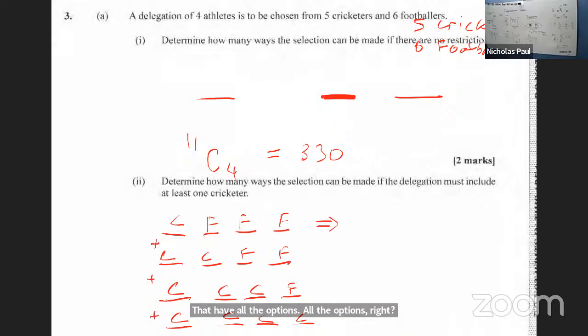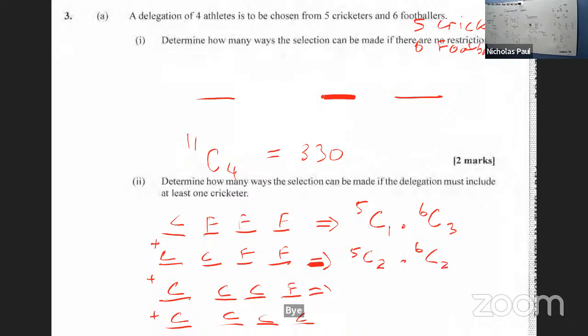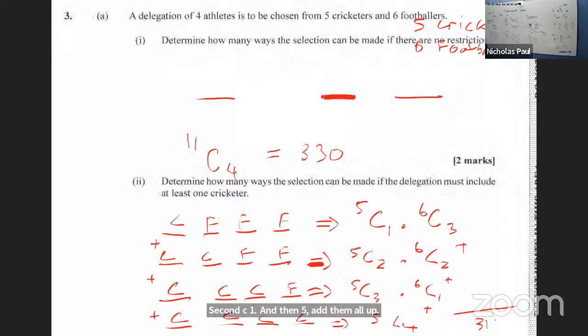So 1 cricketer will mean 5C1 multiplied by 6C3. Then 5C2, 6C2. 5C3, 6C1. And then 5C4. Add them all up. 315. Finally correct. Or close to being correct.